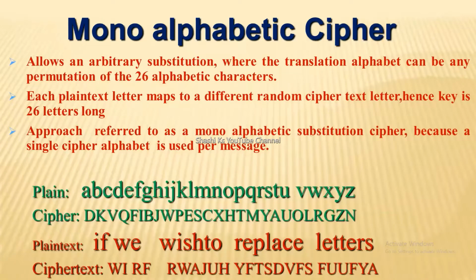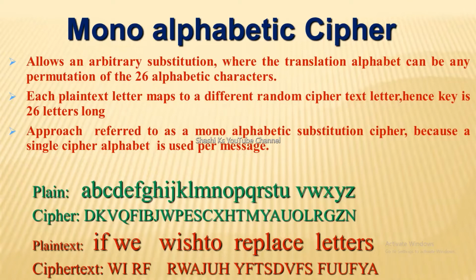So the next type of substitution cipher is called the monoalphabetic cipher. In Caesar cipher, every particular letter in the plain text was replaced with some other fixed letter of the alphabet depending on the value of k. So we had only 25 possible keys to try, and that's why it was less secure.